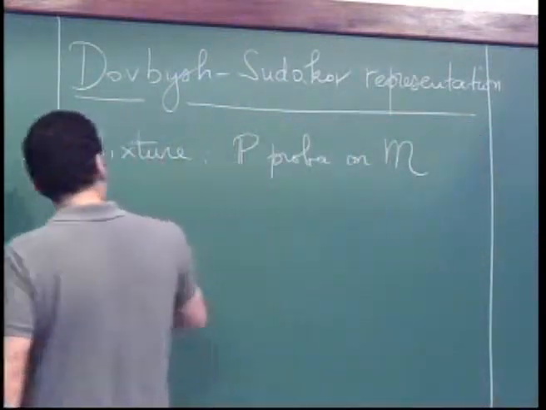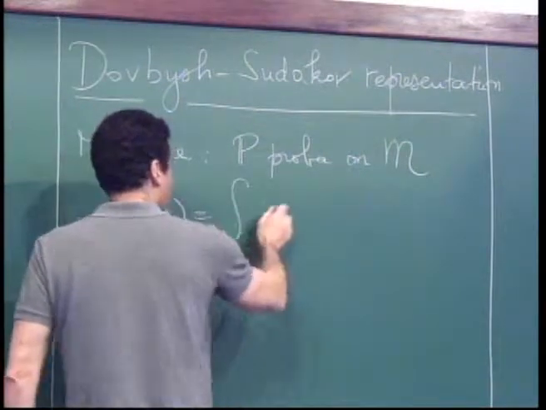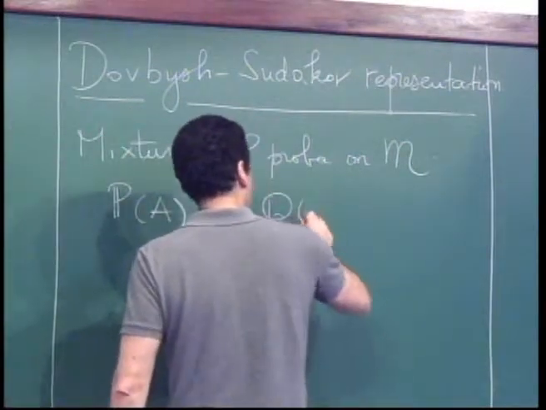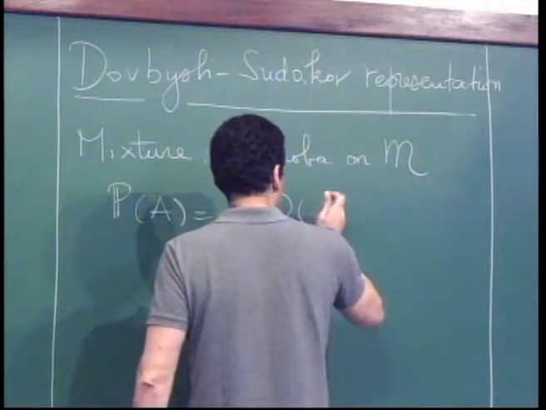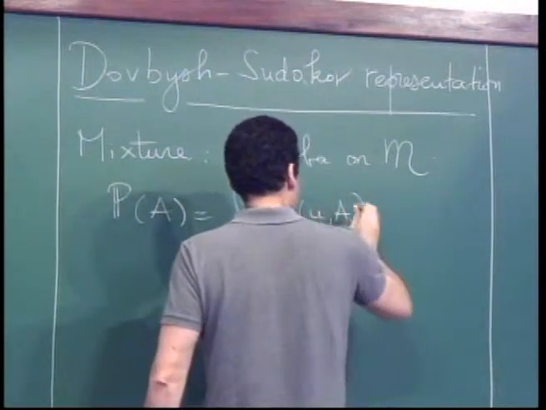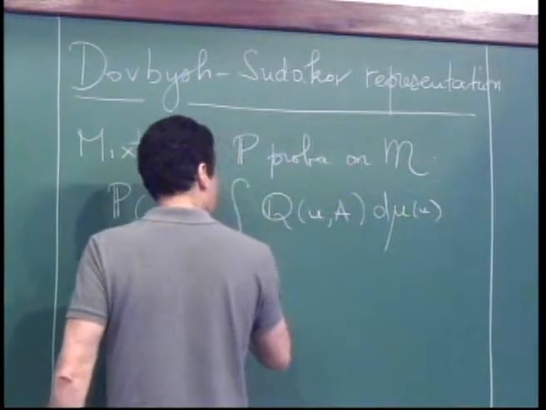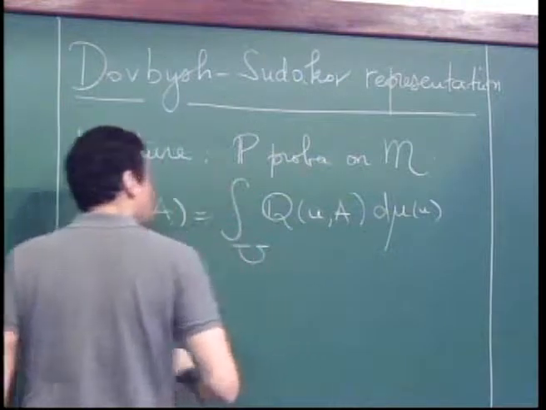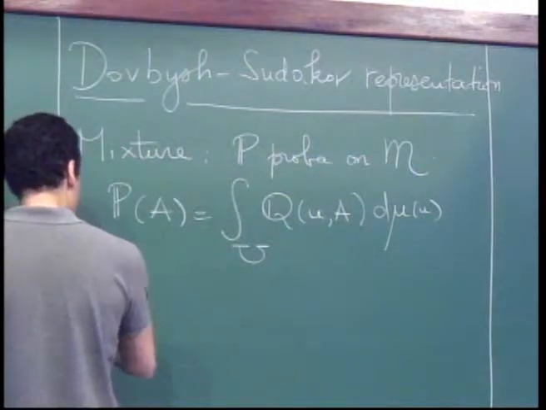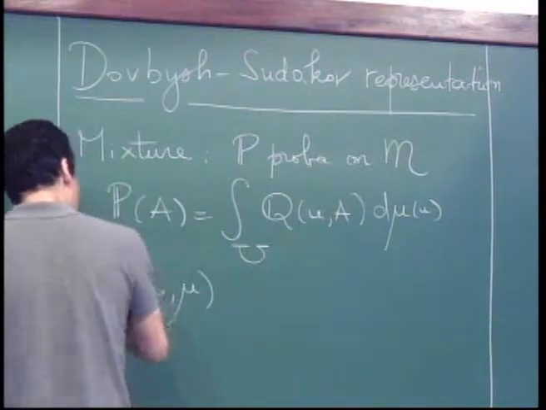And it is a mixture if I can write it like this: P of A is the integral of Q of U and A, d mu of U, on the set U, where U, mu is a probability space.